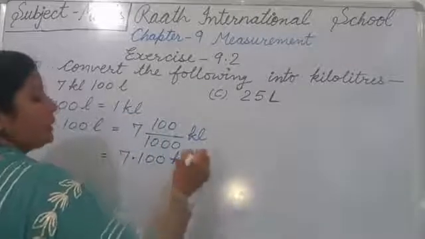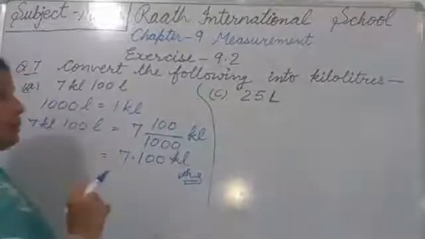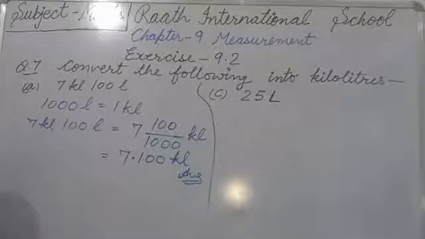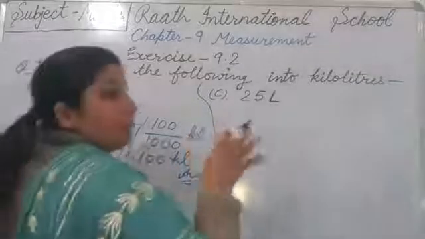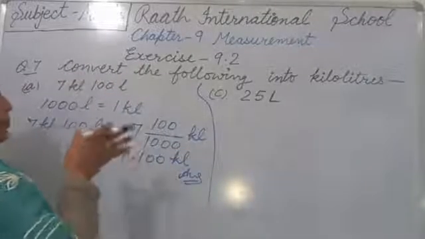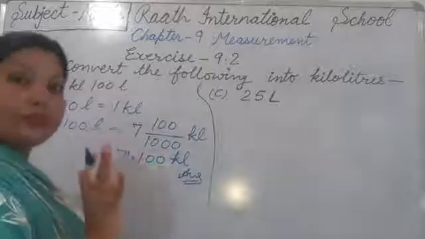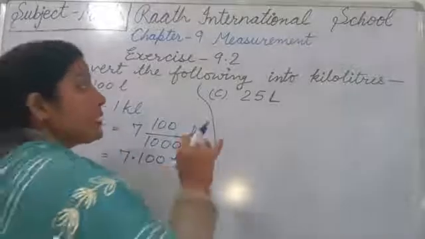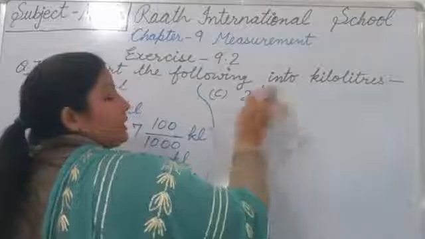Now it's the C part. The B part you will do yourself. B and C are same and A and D are same. So A I have done here, D you will do yourself. C I take here, B is also the same. In B you are given a very simple 3 digit number, directly you only have to use decimal. Here is given 25 liter in the C part.